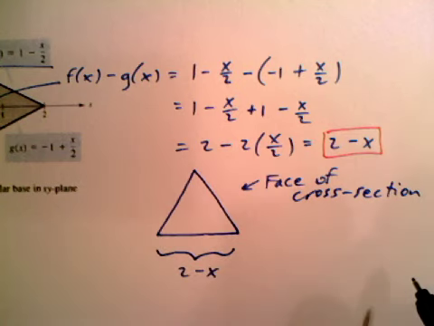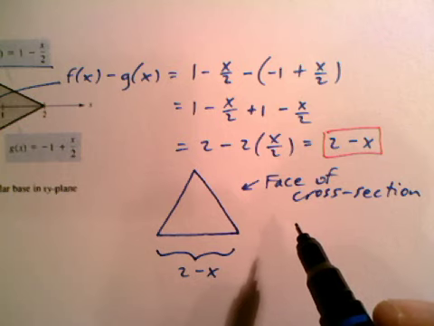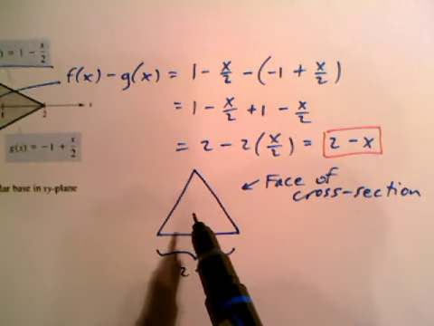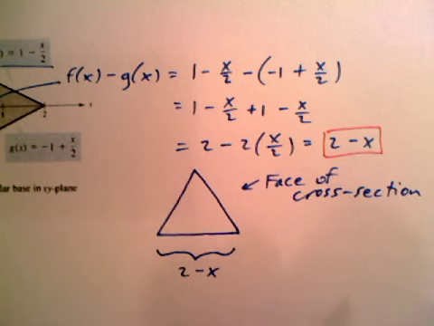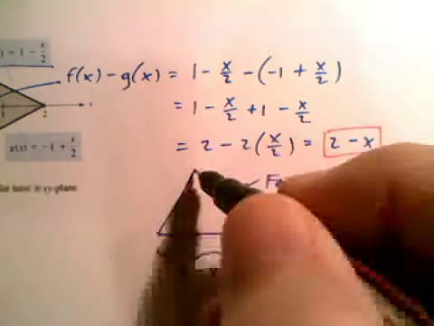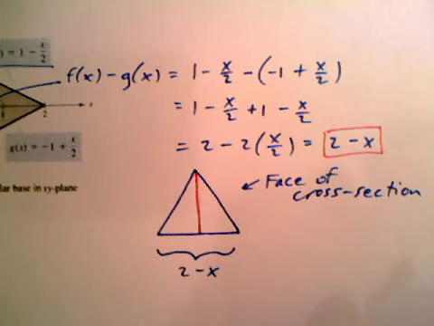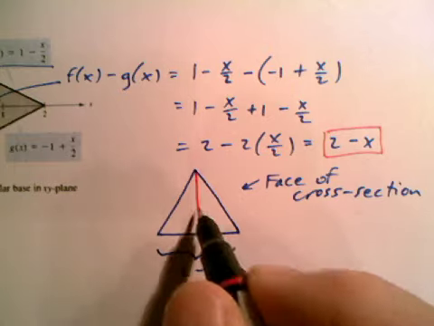Remember, that's the base. All we need is the area of this face multiplied by dx, and we've got the volume of one cross section. That's our goal. We know that the area of a triangle is 1/2 base times height, so we need to figure out what that height is.